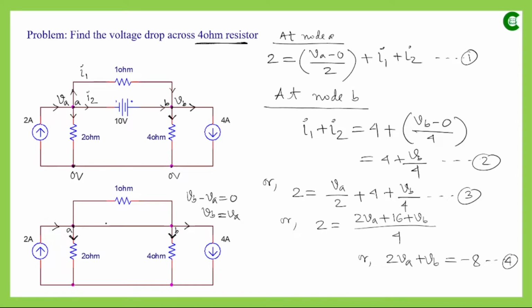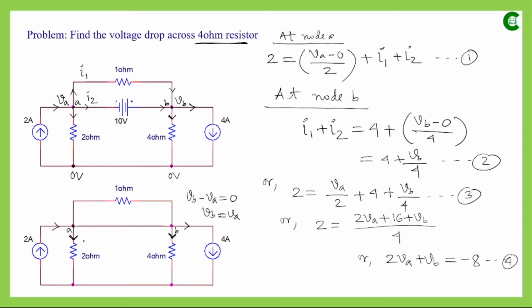So at this node, what we can see is we have 4 branches. If we go by the direction of the currents of these 4 branches, here it is incoming current, this is outgoing, this is outgoing, this is outgoing. So the summation of all the incoming currents, we have only one incoming current, so that will be equal to 2, and the outgoing currents are, here it is VA, the potential, here it is VB.